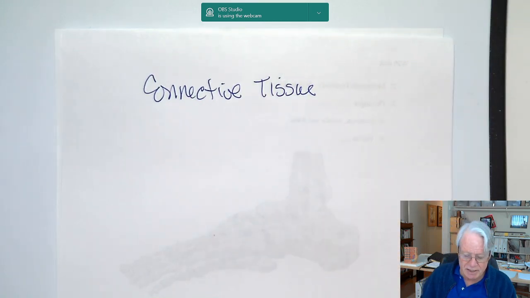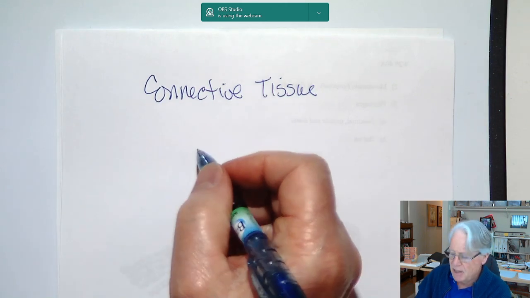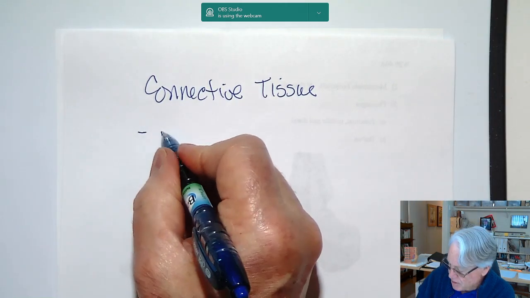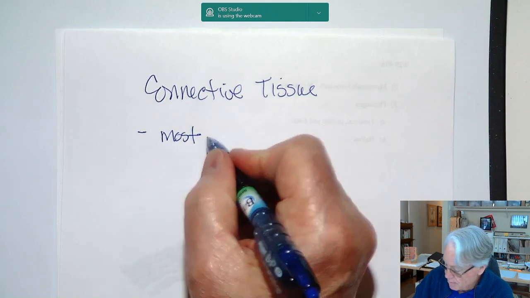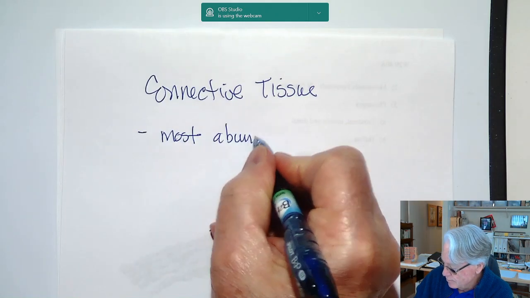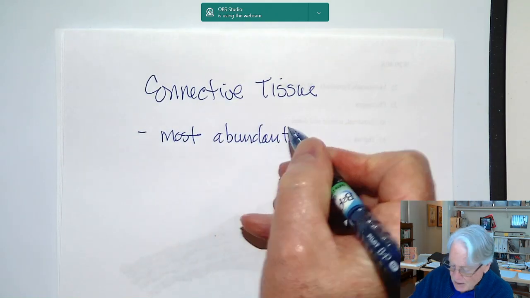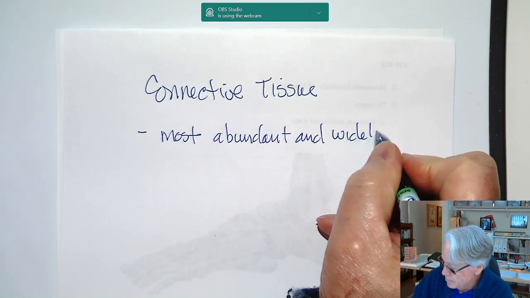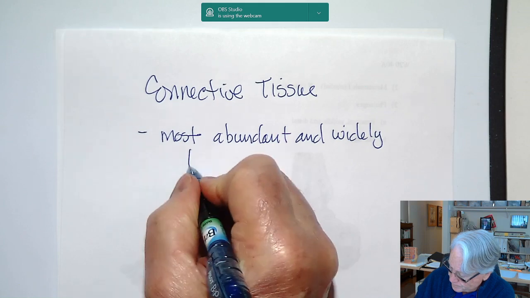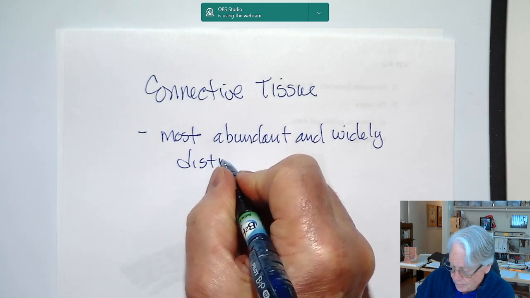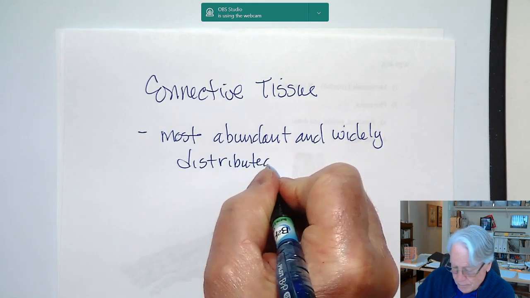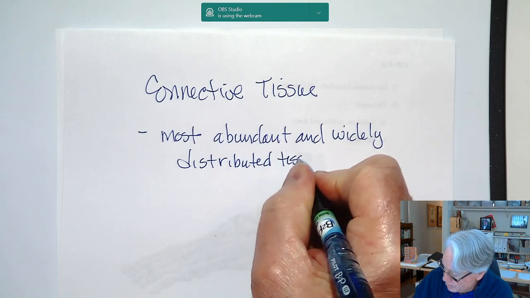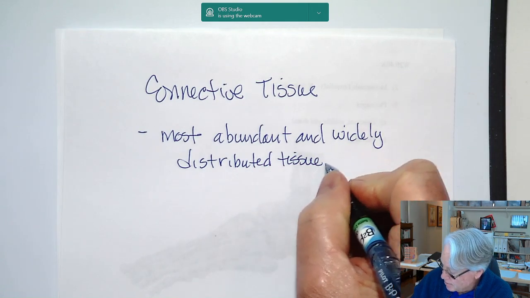All right, connective tissue. A couple of general statements that we can make about connective tissue is it's the most abundant and widely distributed tissue in the body.